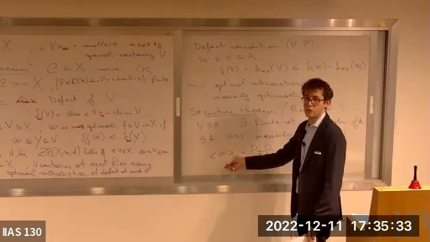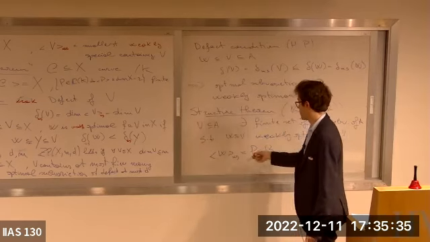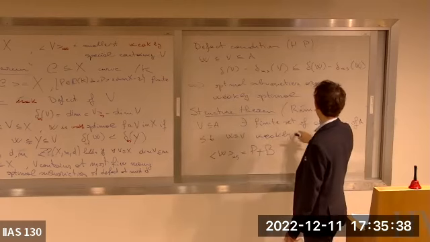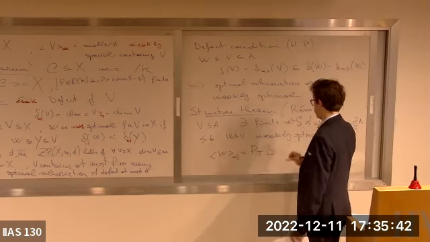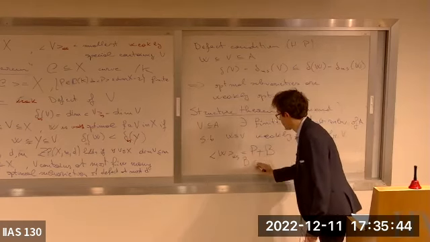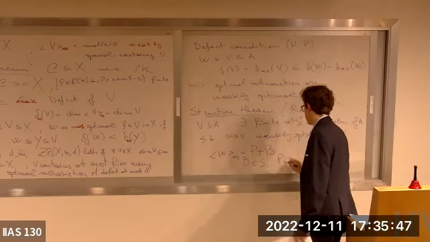A weakly special subvariety of A is a coset, B P, where B comes from S and P is some point.